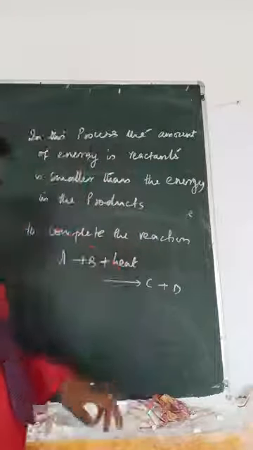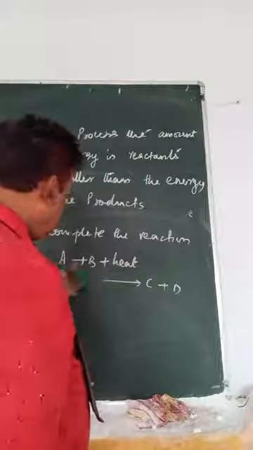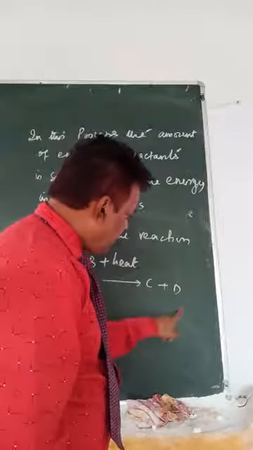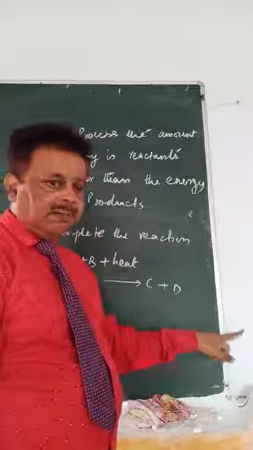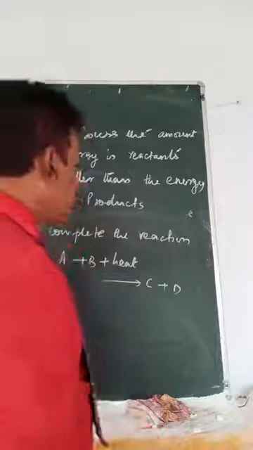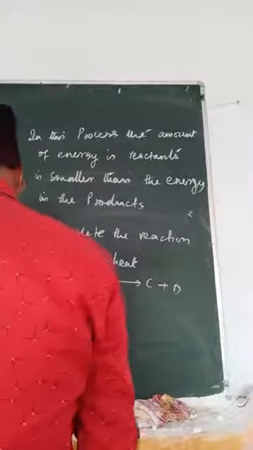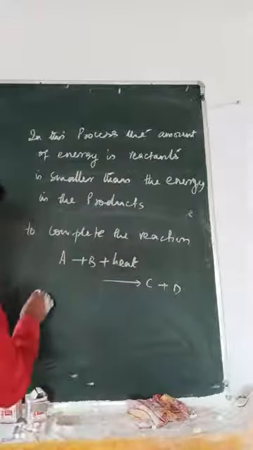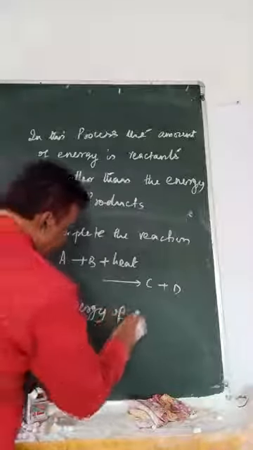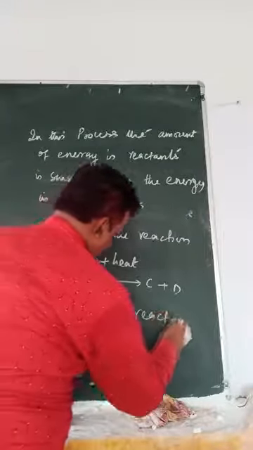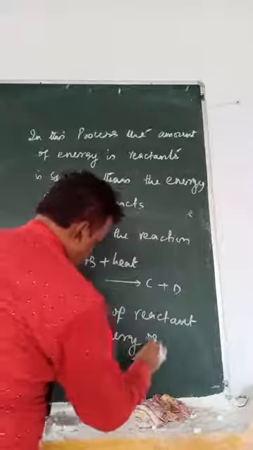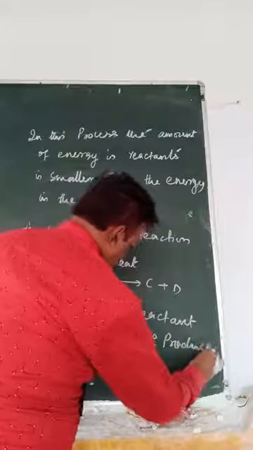You can understand from here: for the 2 reactants, you are giving external heat energy, and that heat energy is collected in the products. So whatever energy was there, the energy becomes more here. You can write that the energy of reactants is less than the energy of products.